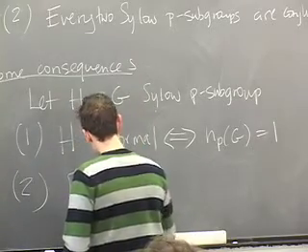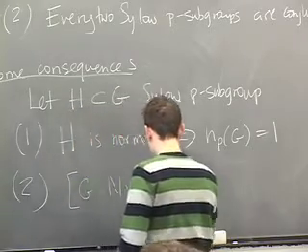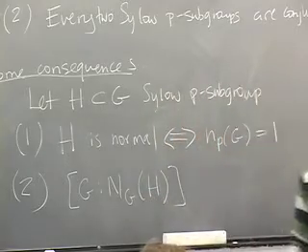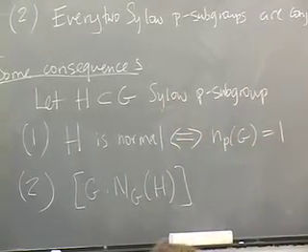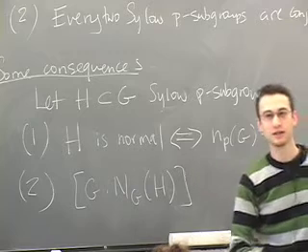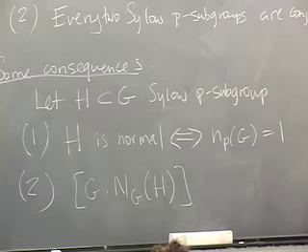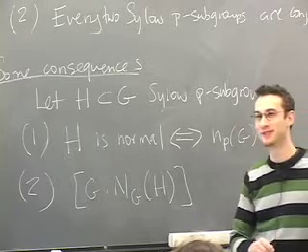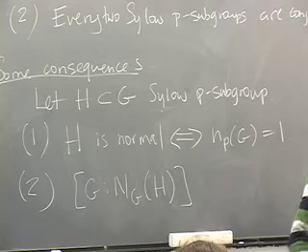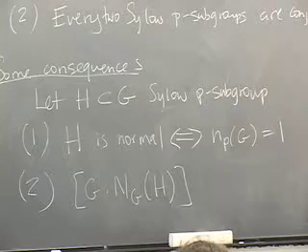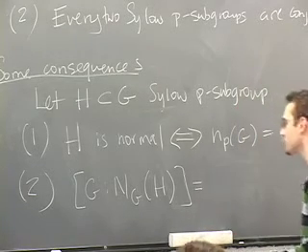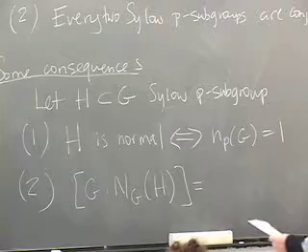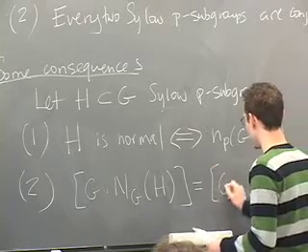Why? For instance, what is the index of the normalizer of H in G? Any guesses? Yes, n_p(G), exactly. Why is that? Let's go through a quick explanation just to make sure this is clear.